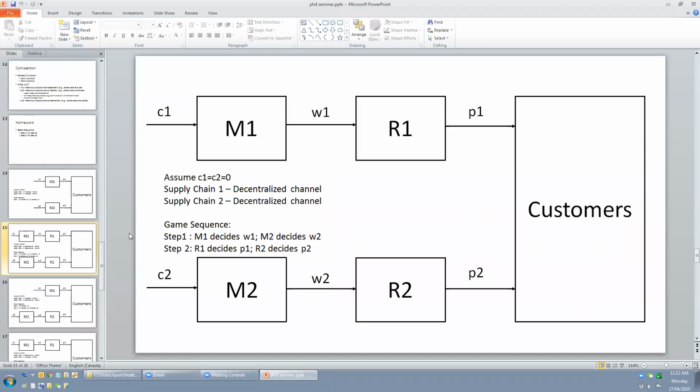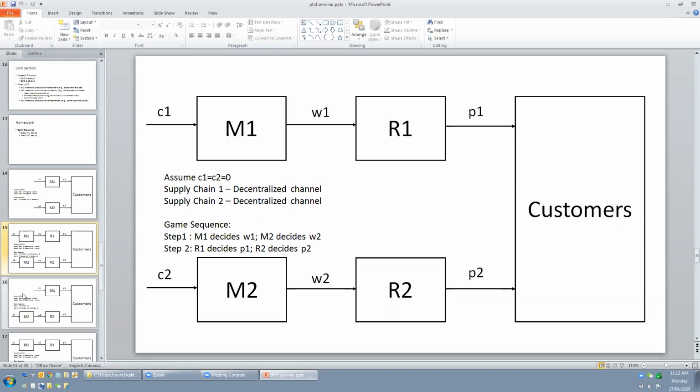Afterward, retailer number 1 decides on P1 and retailer number 2 decides on P2 simultaneously. So this is a two-tier supply chain, very similar to our third exercise, the third video. The difference is that now we consider competition.